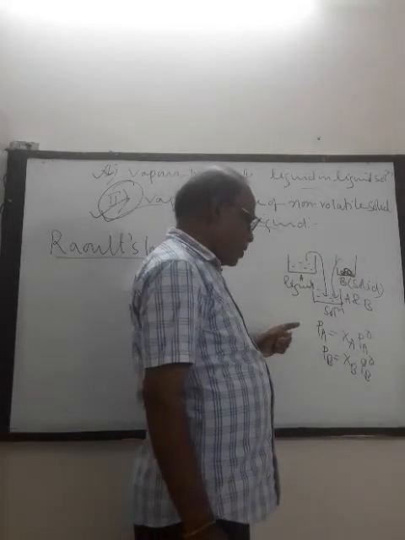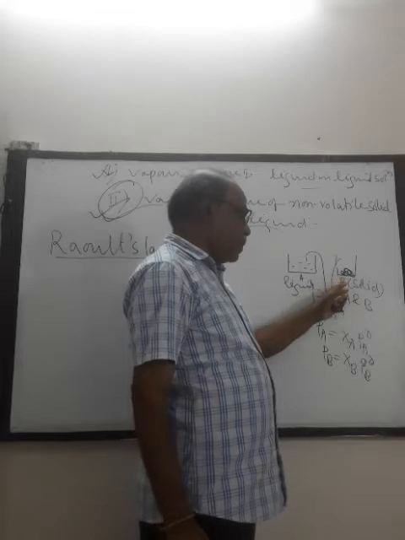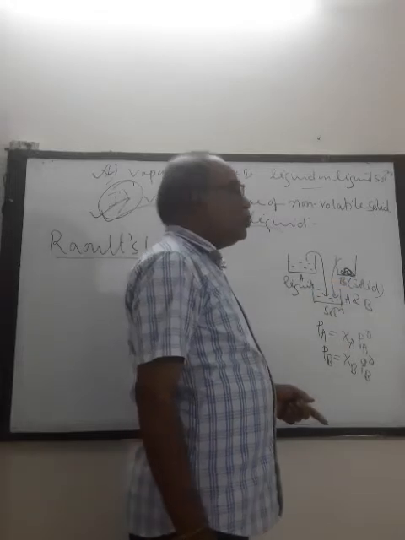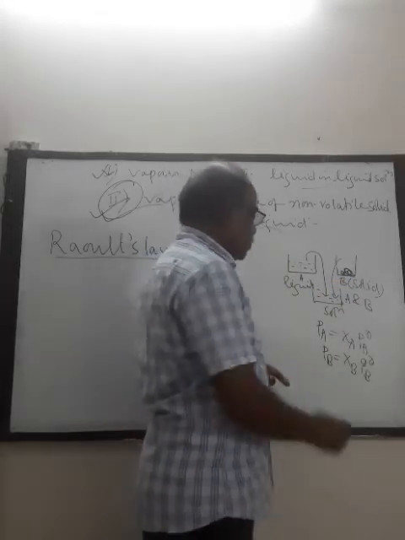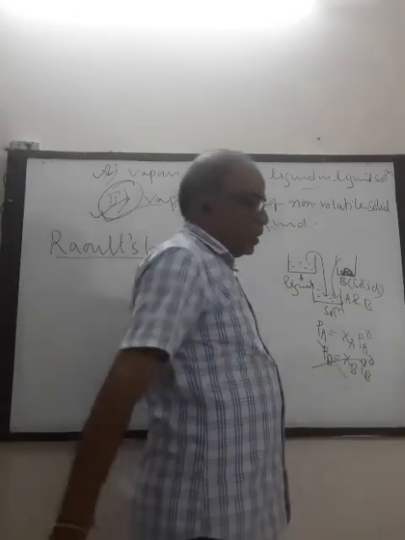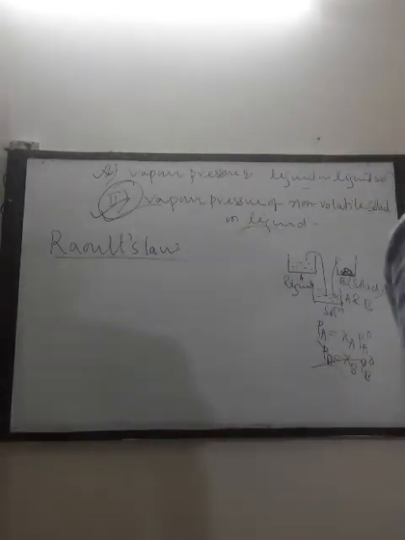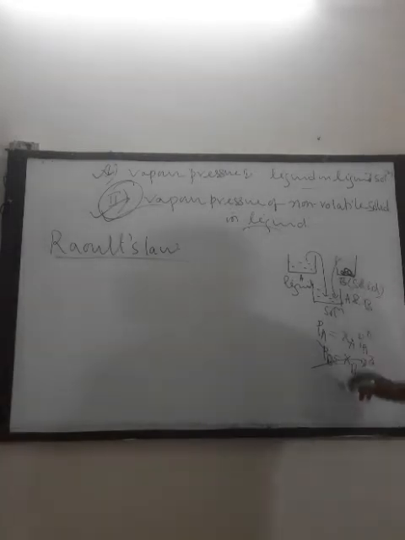When B is solid and non-volatile, this second case is not possible here, for the simple reason that B is a non-volatile solid and there is no tendency for B to get vaporized from the solution. So the second case does not arise, and we consider only the first case.